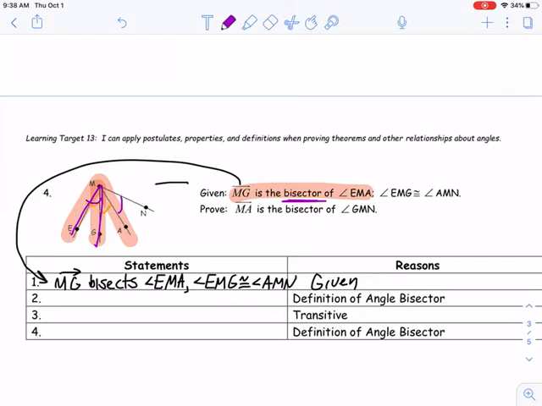MG is the bisector of EMA. So EMA, we already labeled that EMG and GMA would be congruent. So angle EMG is congruent to angle GMA.